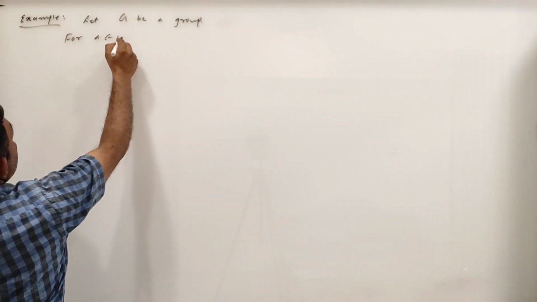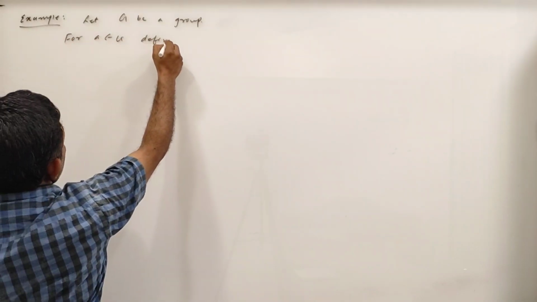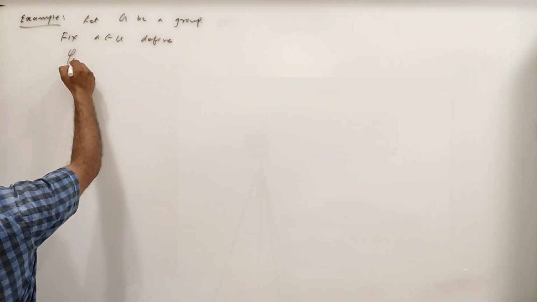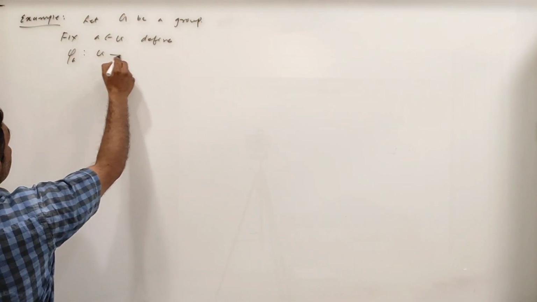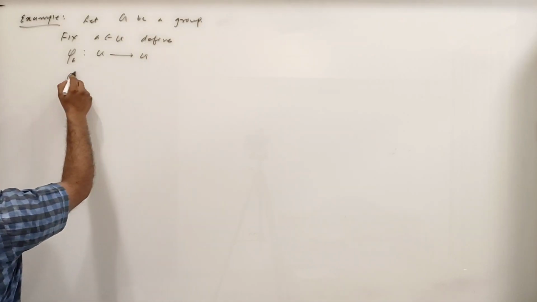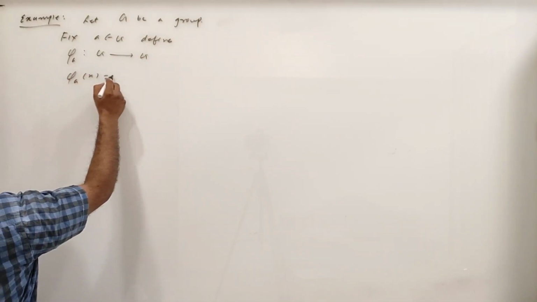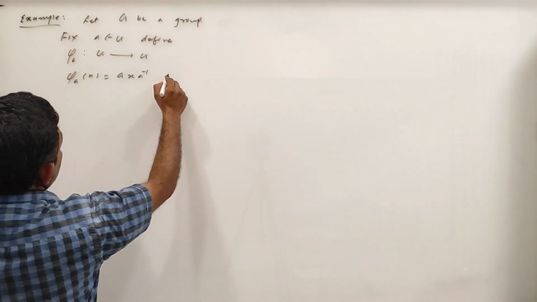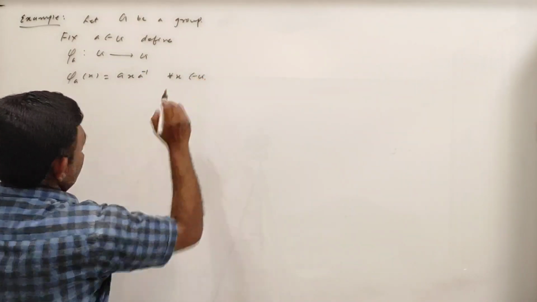For A belongs to G, you fix A. You fix A belongs to G and you define phi_A, a mapping from G to G, defined as phi_A(X) equal to A X A inverse for all X belongs to G.